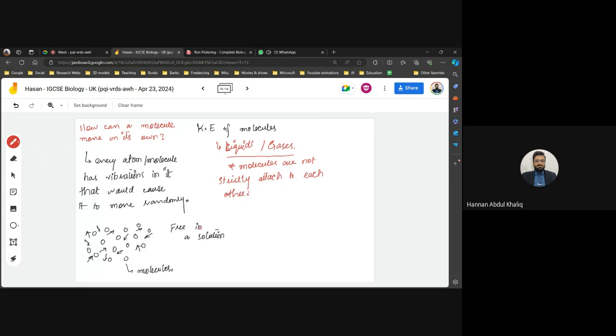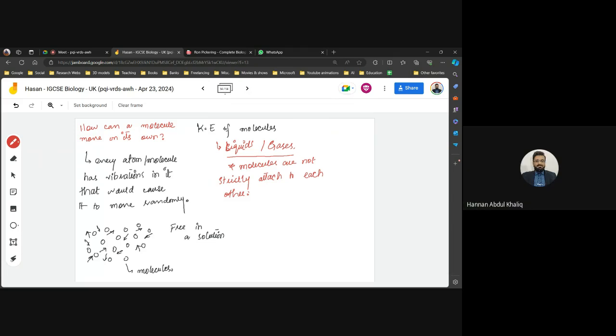Just suppose the movement of a gas. What happens in the movement of a gas? If you open a gas nozzle, it would immediately start spreading all around, isn't it?